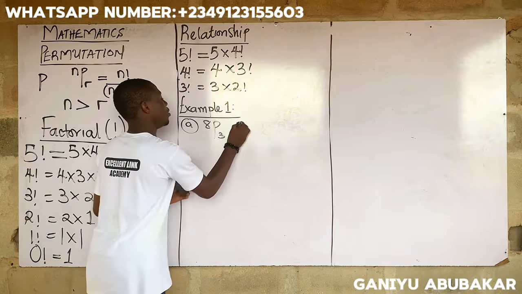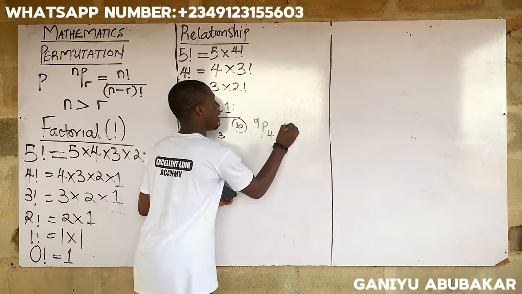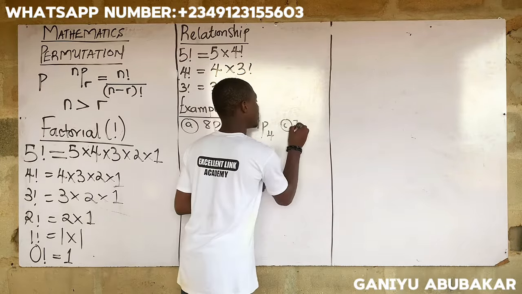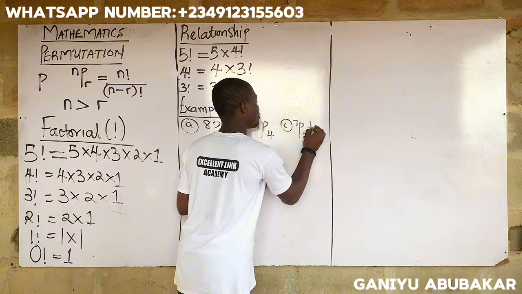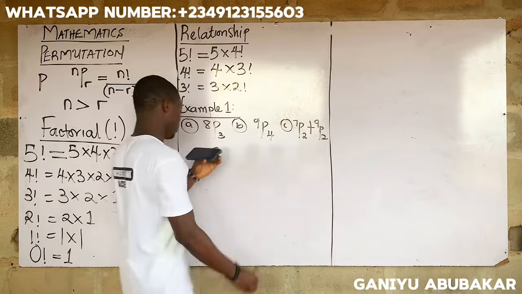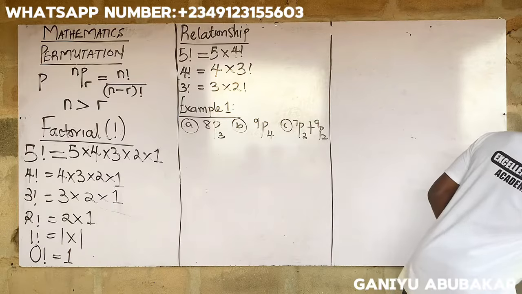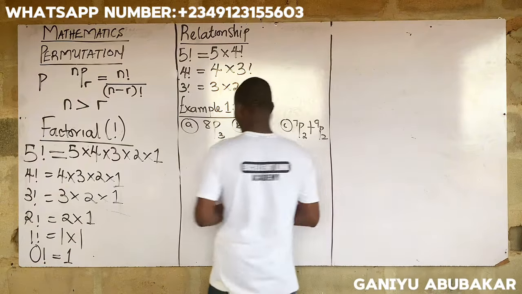B, 9 permutation 4. And C, 7 permutation 2 plus 9 permutation 2. So let's evaluate this problem and see what we get.